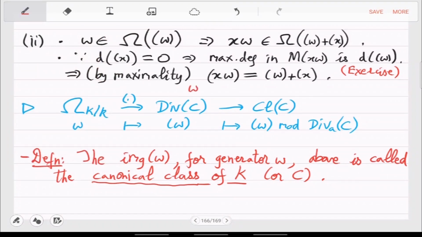So if omega is annihilating A of D, I want to show that x omega annihilates d plus x. So any r here is of the type r plus d plus x, and x omega will multiply this and then it will apply omega on that.